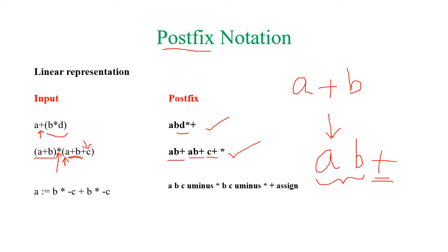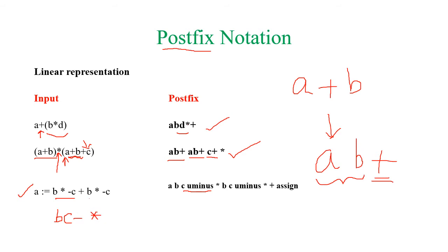Another example is this one. Here, this minus C is a unary minus, and that has to be done initially. That means C U minus is completed. Now we can convert B star minus C, that is B C U minus star.